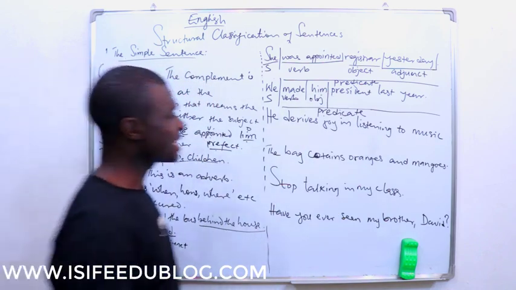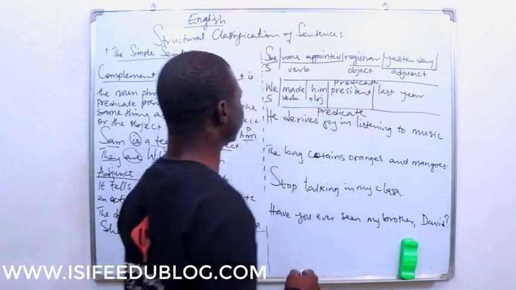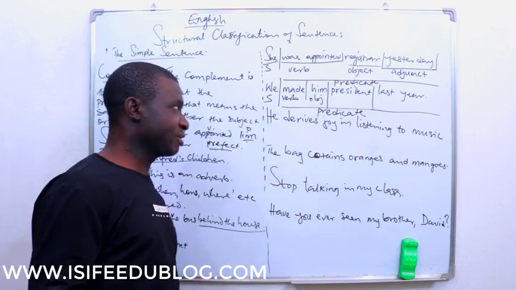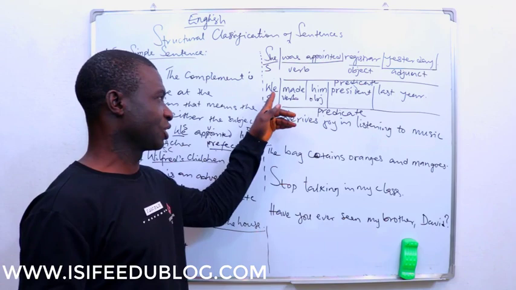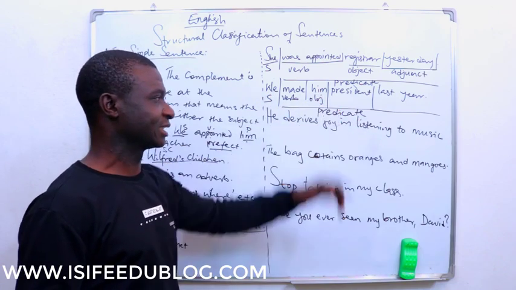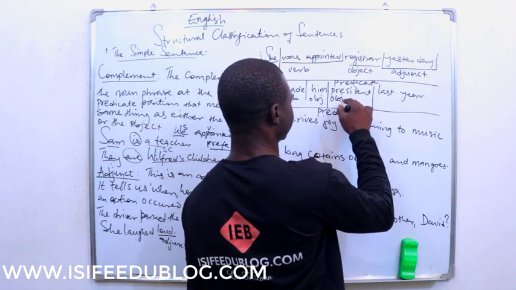Alright? President means the same person as him, not we. We made him president. So we are not the president, we made him president. President means the same person as him. Therefore, president is object complement.